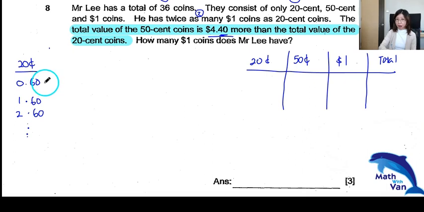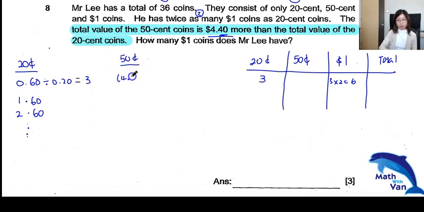So if there are 60 cents coming from all the 20 cents, so I would only have 3. If I have 3 here, then I would have 3 times 2, 6 here, right? And then what about the 50 cents? So the 50 cents, as what we have indicated, it will be $4.40 more.